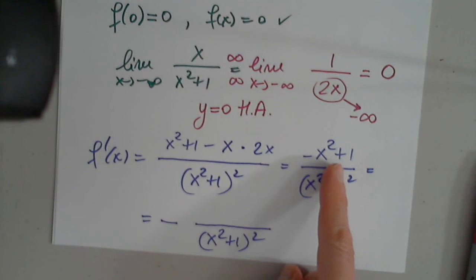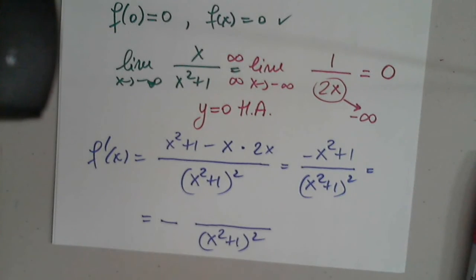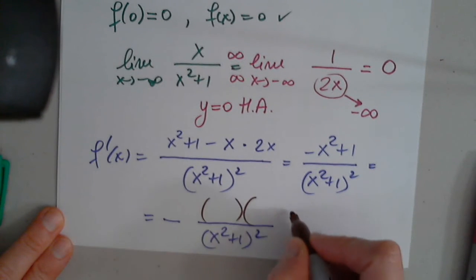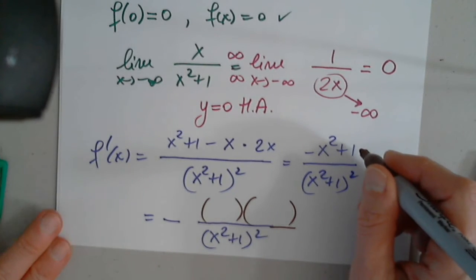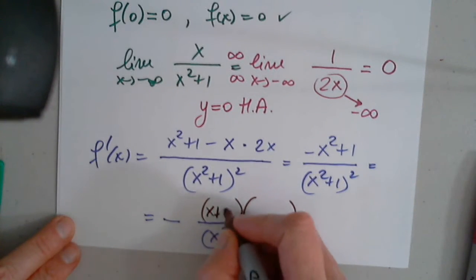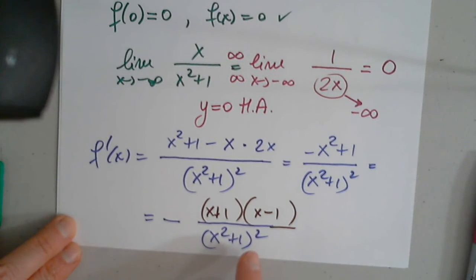But now what we have left in the numerator is x squared minus 1. How do I factor that? That was the first thing we did on January the 20-something. x plus 1, x minus 1. Very good. See how important this is?